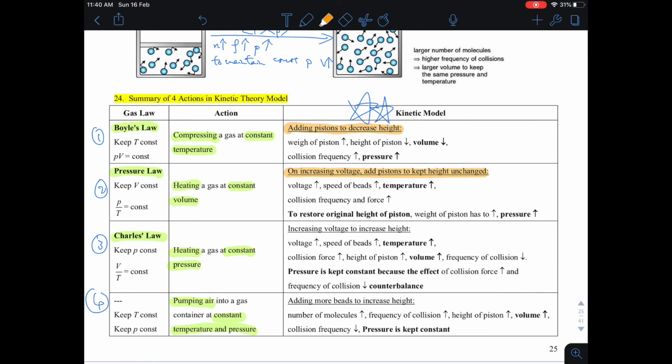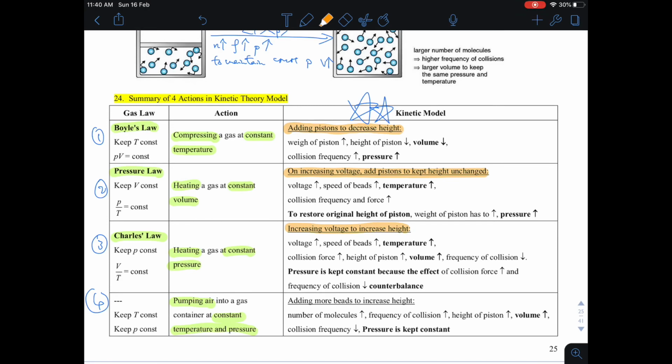So when voltage increases, the speed of molecules increases, representing temperature increase, and then the collision frequency and the force, that means the change in momentum, will increase. To restore the original height, we have to add some weight so that we have pressure increase at the end.